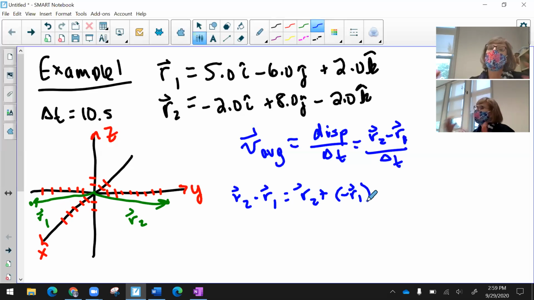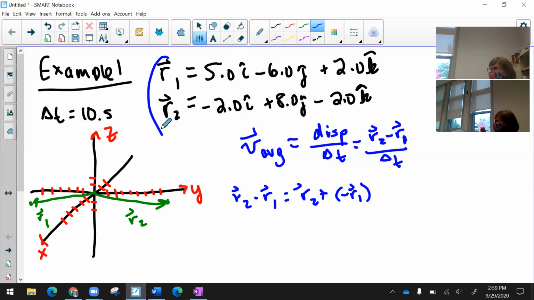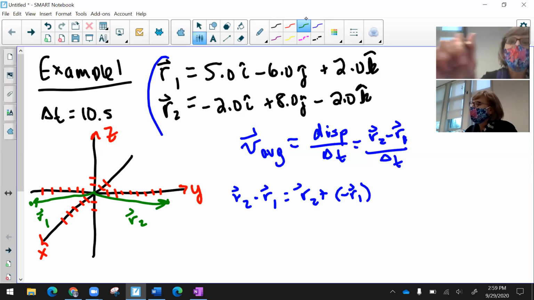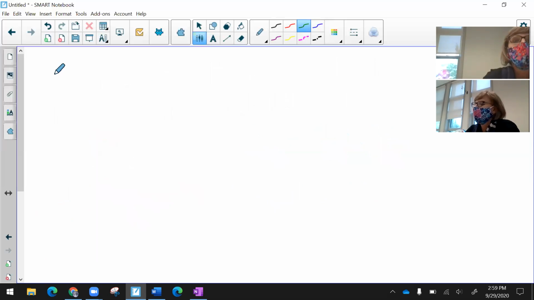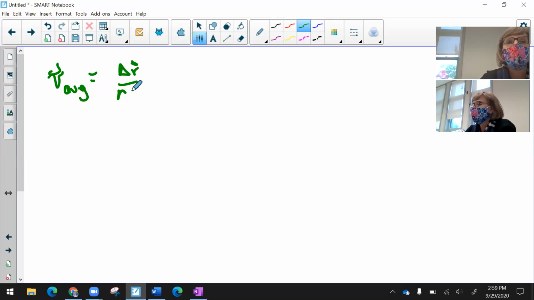So the whole point here is that R1 and R2 are in unit vectors. And we know that only things in the same dimension, the same X, Y, or Z direction, can affect each other. So we can treat each of those separately, okay? So I can write the average another way. I can say that the average is basically delta R over delta T, okay?